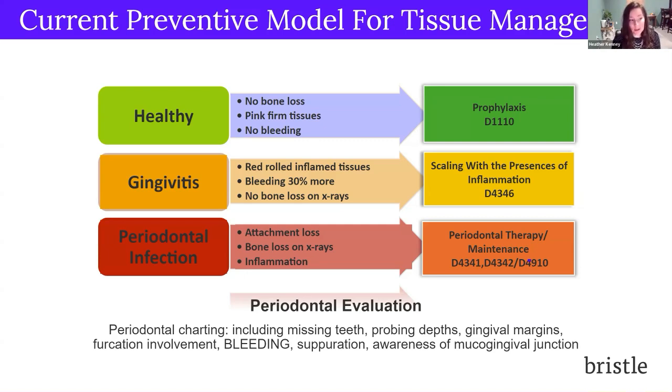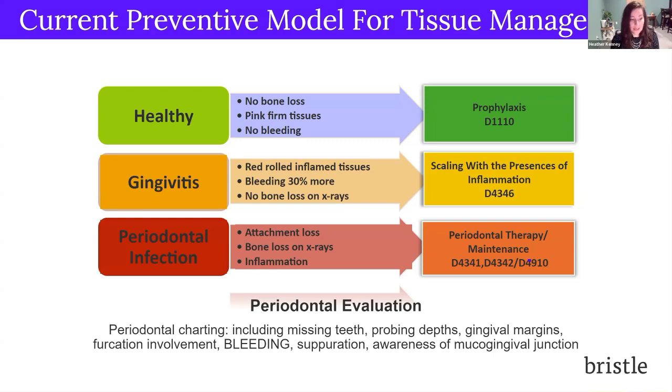There can't be any bone loss with anyone you're treating with the 43, 46 scaling with presence of inflammation. And then we move into our perio treatment processes, where we do have clinical attachment loss, bone loss on the x-rays, and inflammation, through our perio maintenance and perio therapy codes that we can utilize.